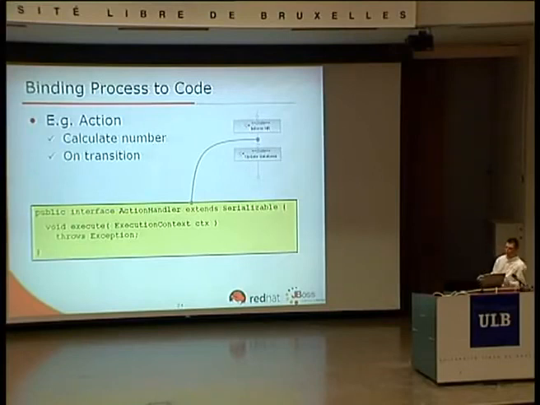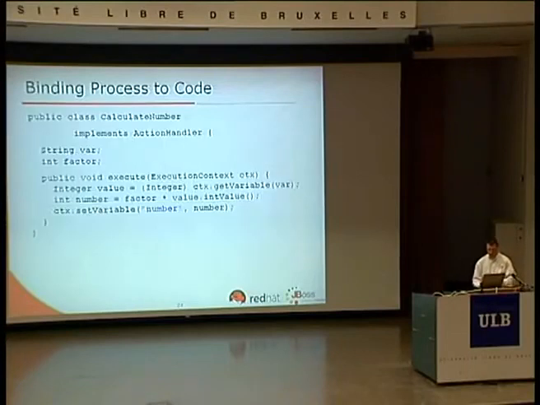So there is in jPDL an interface ActionHandler, in which you can implement concrete classes. The execute method will be called by the engine when the transition is taken, and the execution context gives you access to all the process state and process variable information.